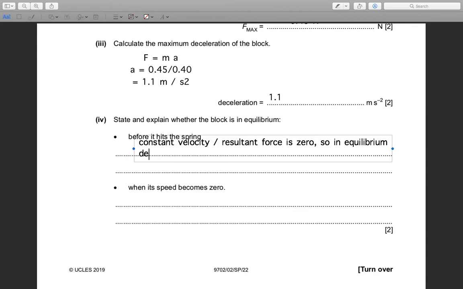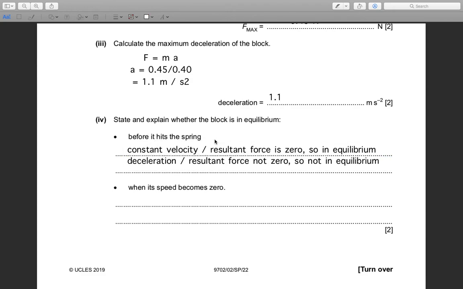And how about this translation? If the resultant force is not zero, so it is not in equilibrium. This is the best fit answer.